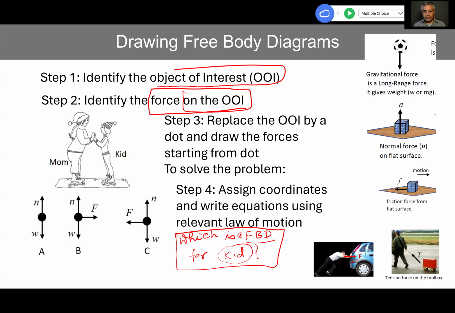But keep in mind, even if one person had pushed, let's say simply the mom gives a push to the kid, then there is going to be a force on the kid, but at the same time there's going to be the same amount of force on the mom as well, even if the kid does not push. Remember Newton's third law.